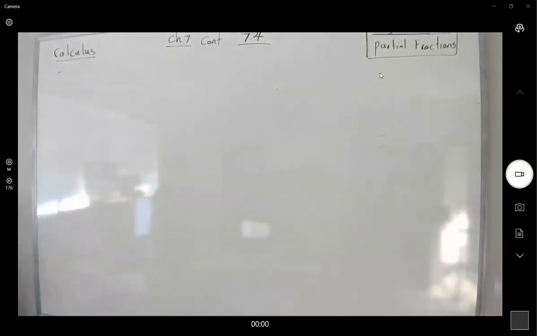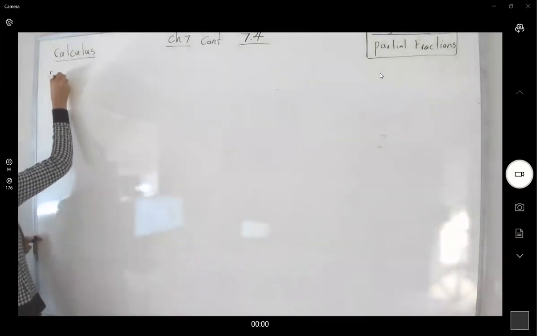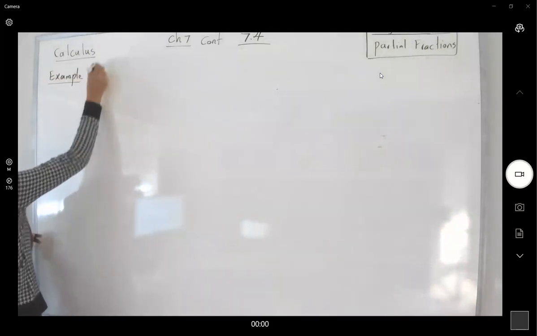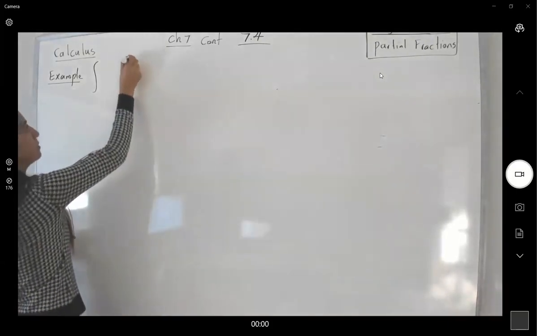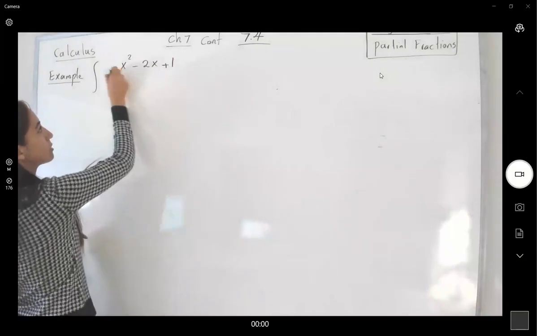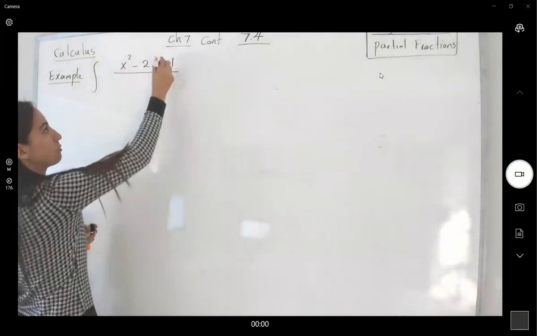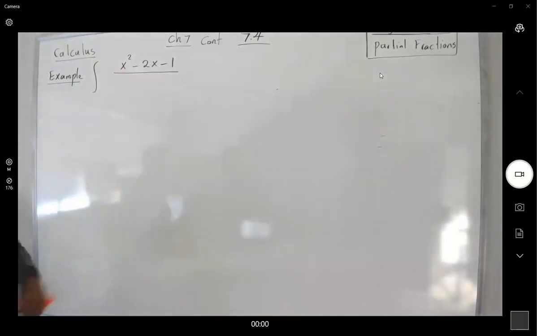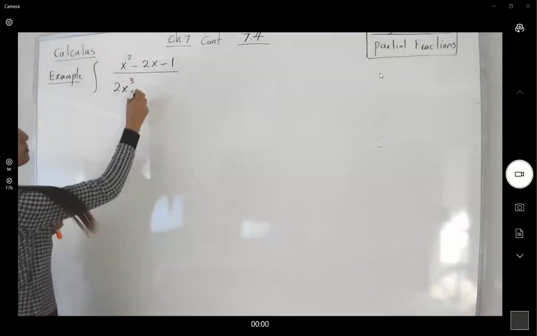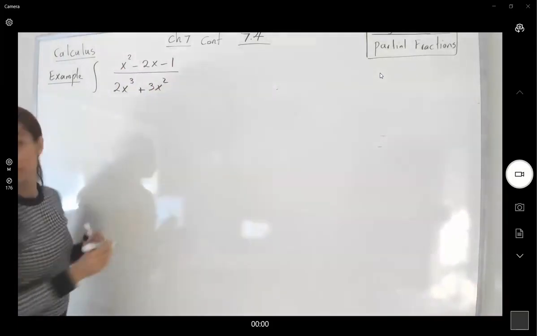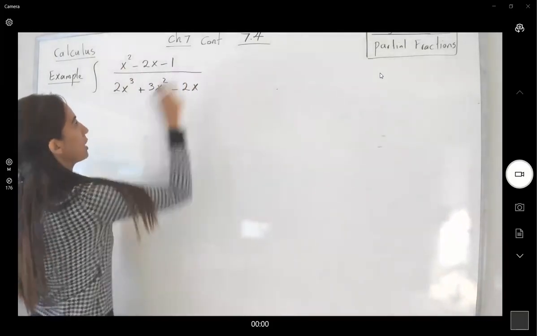Here we have the integral of, this is our example. The question says, evaluate the integral of x squared minus 2x plus 1 divided by 2x cubed plus 3x squared minus 2x.